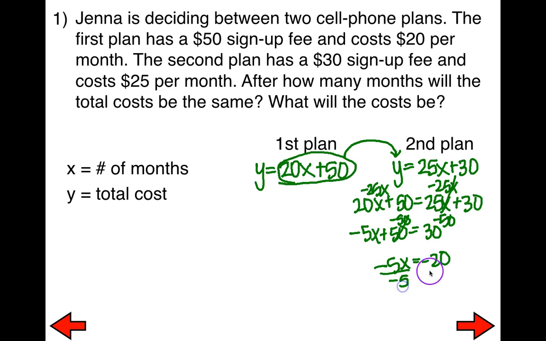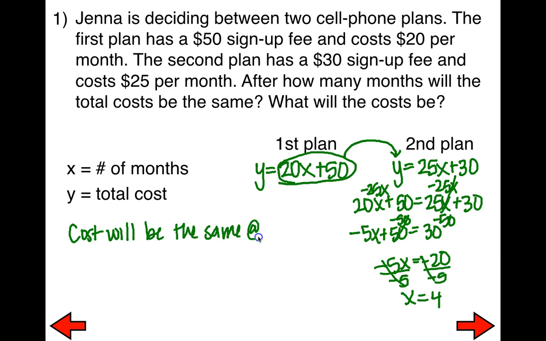Last but not least, we're going to divide off this coefficient, leaving me with x equals 4. So guess what? For the first question, how many months will it be the same? It's going to be the same answer. Cost will be the same at 4 months.